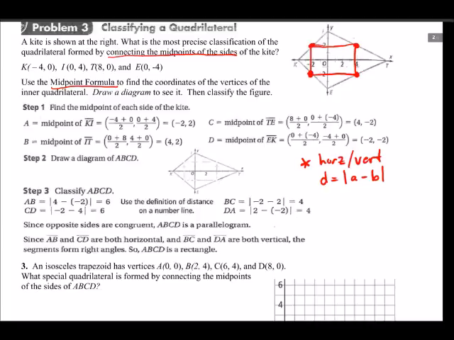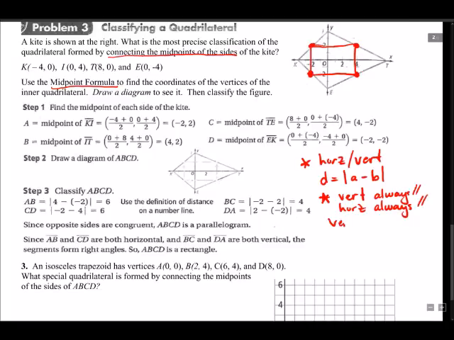And another thing that we also know, this is from chapter 2, is vertical lines are always parallel. Horizontal lines are always parallel. And vertical and horizontal lines are always perpendicular. Go back to chapter 2 and find those things.